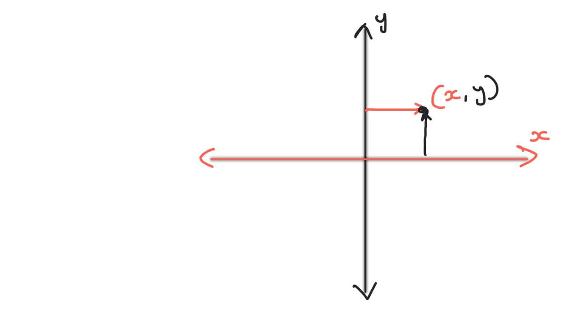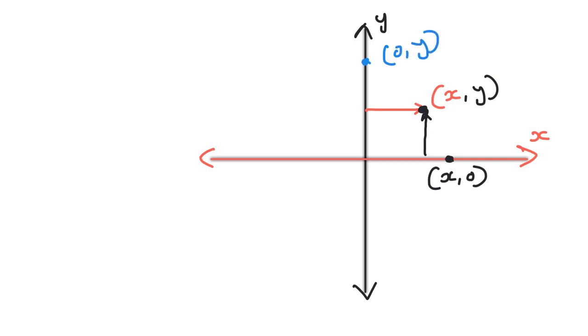So every point on the coordinate plane will have an x and a y value, and any point on the x-axis will have coordinates x, 0, because the value of y is 0. This is called the x-intercept. And any point on the y-axis will have x as 0 and some y value.